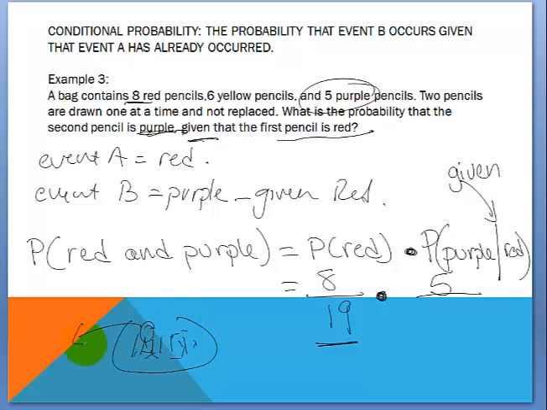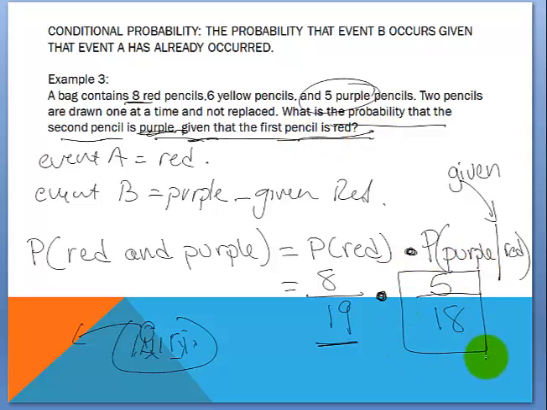One has been taken out, it's just been an actual red one. So that means that we just have 18 left over. So basically when we're saying what is the probability that the second is purple given that the first is red, that's this probability right here.